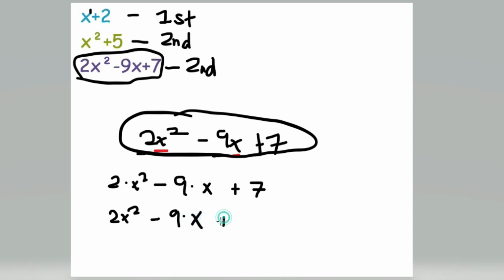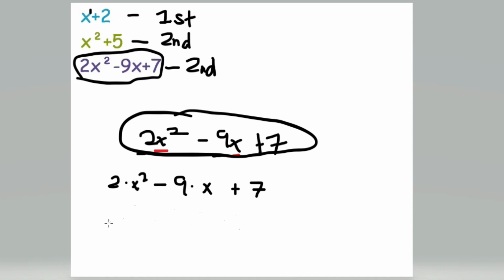Pero if merong, let's erase this one. If yung variable na ginamit ay may kadikit na coefficient din, so magkakaroon lang ng basic multiplication na mangyayari. Then magdidikit lang ulit yung coefficients.